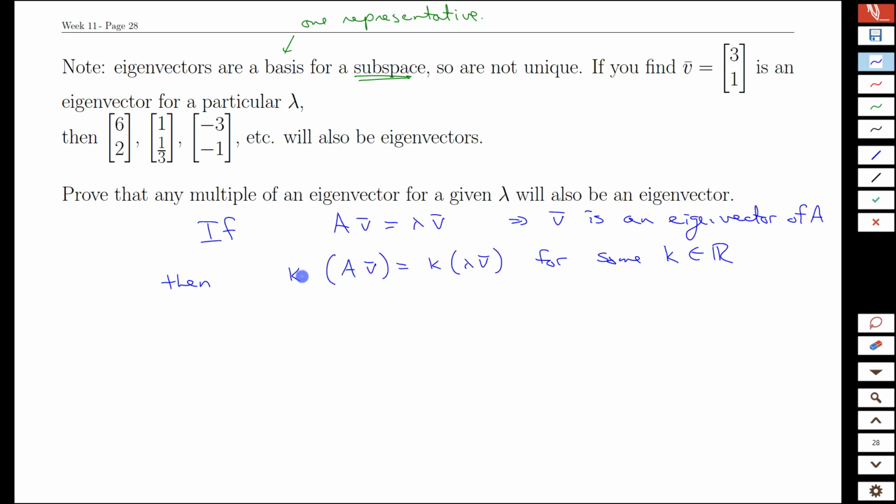Then the wonderful thing about scalars and matrices is we can invert the order if we want. So now we have the K multiplying the vector first, doesn't change anything. And here, let's multiply the lambda and the K, we know we can do that. That's like 2 times 3 times a vector, it's the same as 3 times 2 times a vector. And where does that get us? Oh, that gets to our conclusion. Because this vector times A is equal to this vector times lambda, that means that K times that vector is also an eigenvector. Why? Because it satisfies the eigenvector equation.